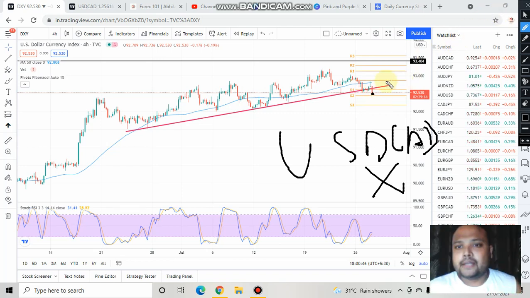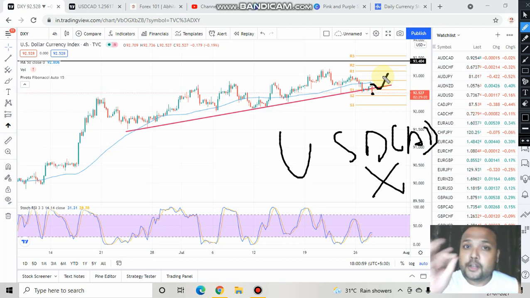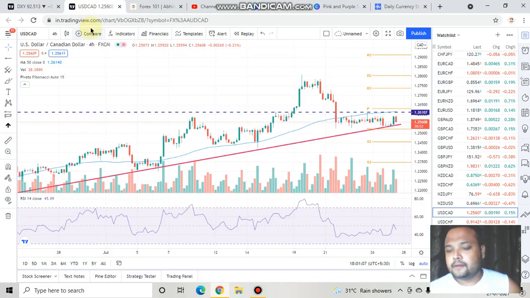But right now the dollar looks bearish. Okay, there is selling pressure going on in the market. Until and unless the dollar reverses or bounces from this trend line, we will not see good buying power in the chart of USD CAD as well. So my opinion is simple: just do not trade USD CAD here.